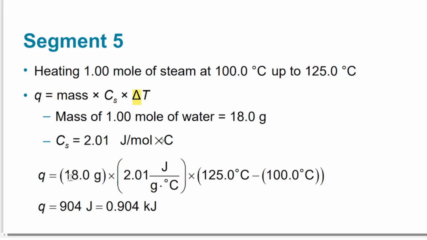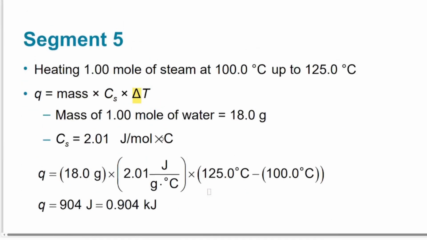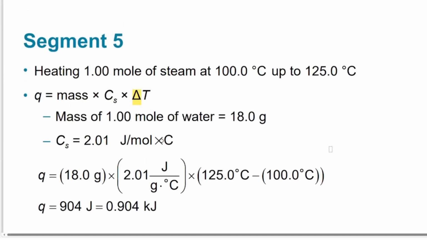So we have 18 grams because it's 1 mole. 2.01 joules per gram degree C is our C sub s for steam. And then we have 125, which is our T sub F, minus 100, which is our T sub I. So our Q is 0.904 kilojoules. So we add all of those together to get the total Q for the entire process.